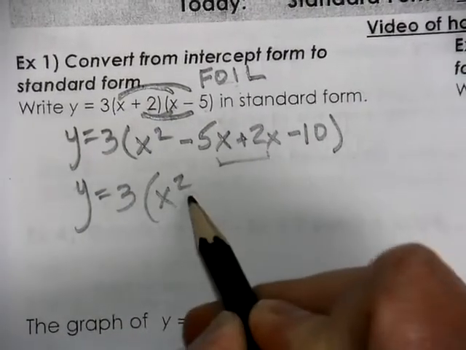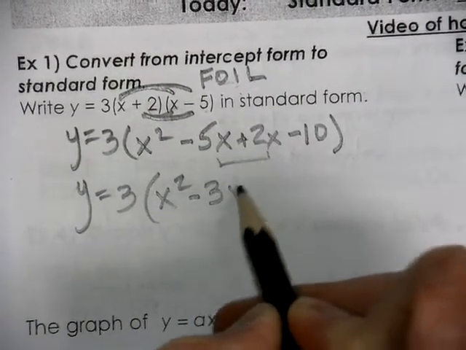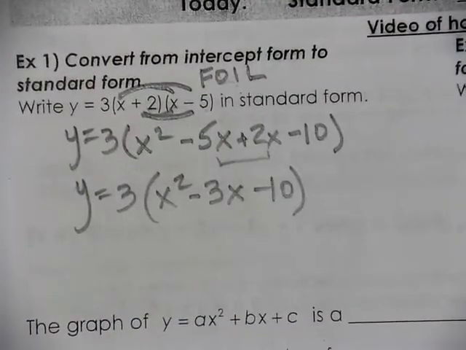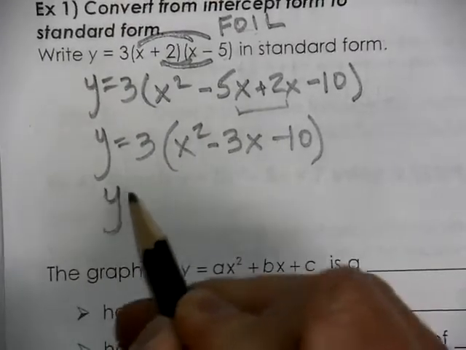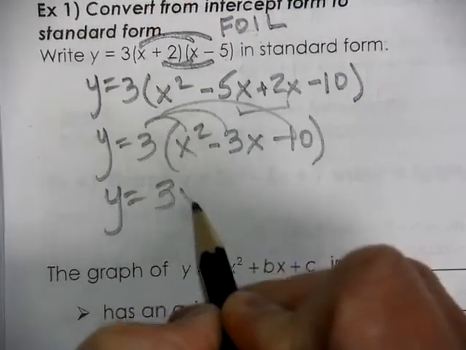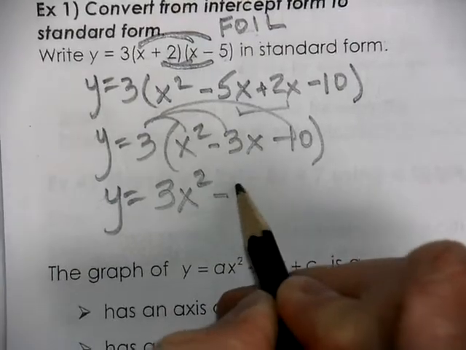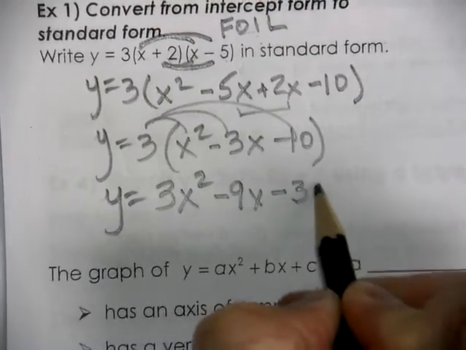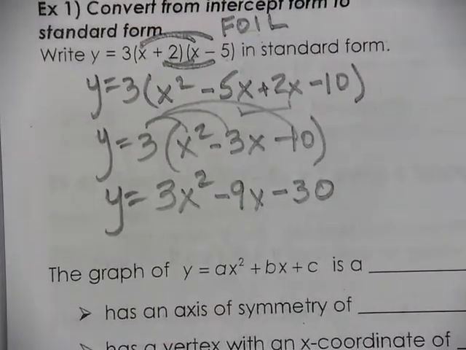So we get x squared minus 3x minus 10. Then we have the 3 sitting on the outside. When the 3 is sitting on the outside, we can distribute that in to get 3x squared minus 9x minus 30. So that is our equation.